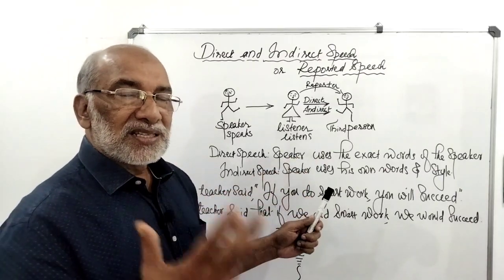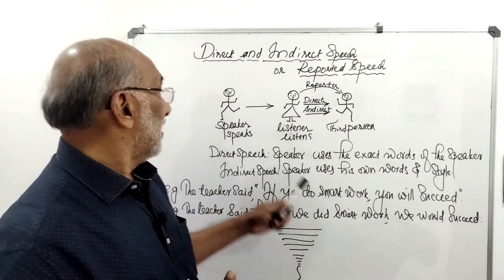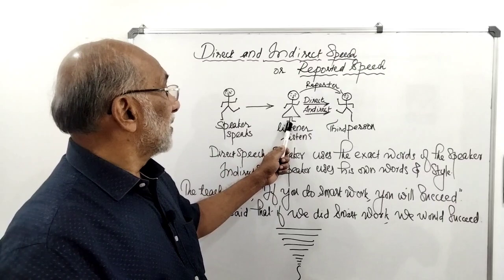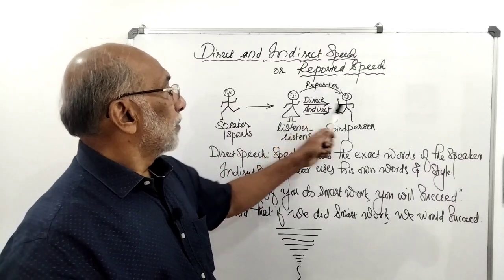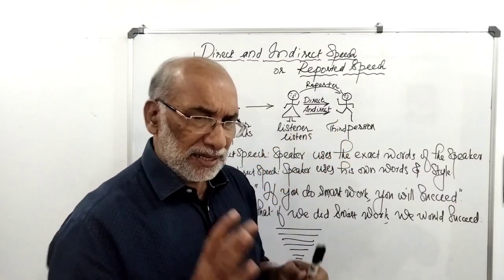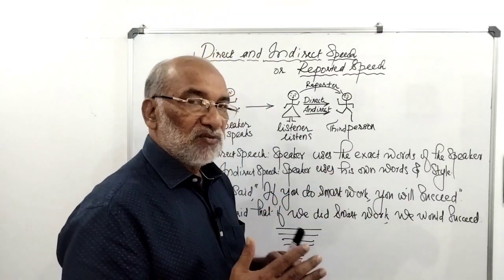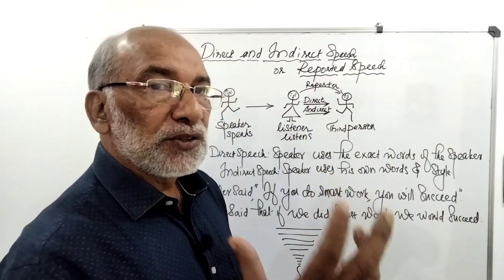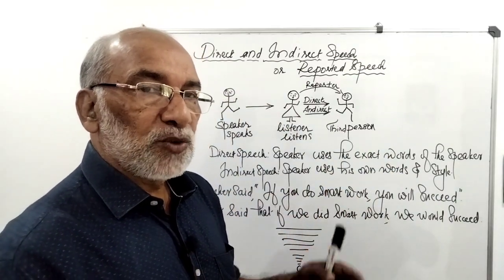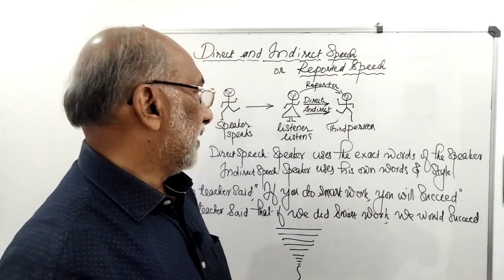Usually teachers and students understand it as, okay, the speaker speaks to a second person and the second person reports to the third person. Basically the concept is correct, but this explanation which I give will be very useful to understand the concept of what is direct and indirect.